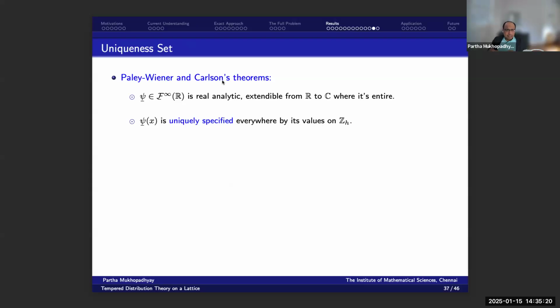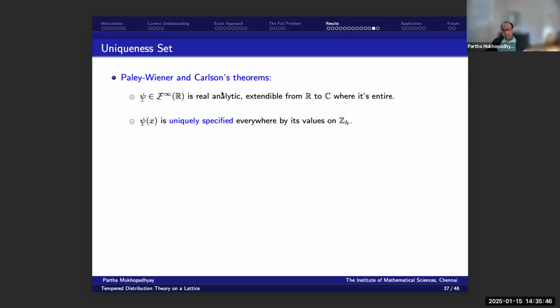Now, here's a relation to certain standard theorems in functional analysis. One is the Paley-Wiener theorem and the other is Carlson's theorem. The Paley-Wiener theorem says that the fundamental C infinity field that I defined is real analytic. It can be extended from R to the complex plane, where it will become entire.